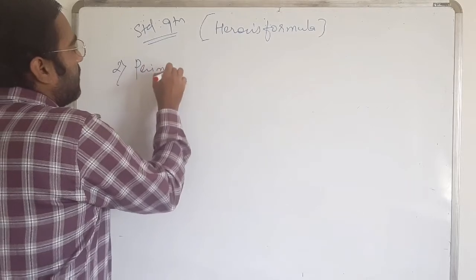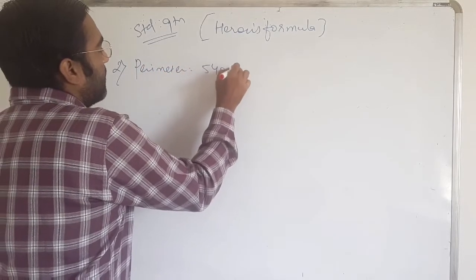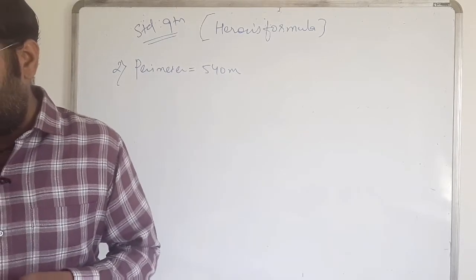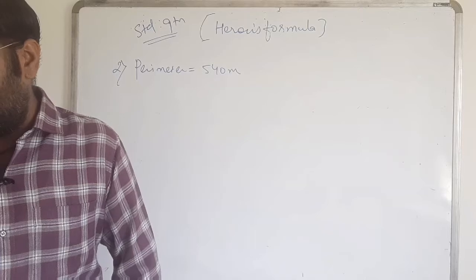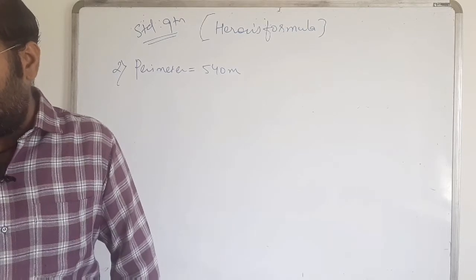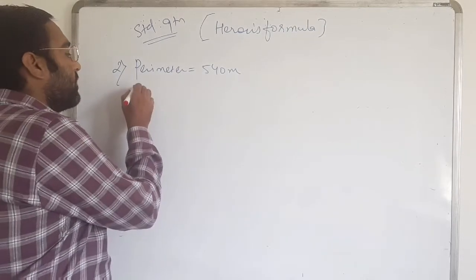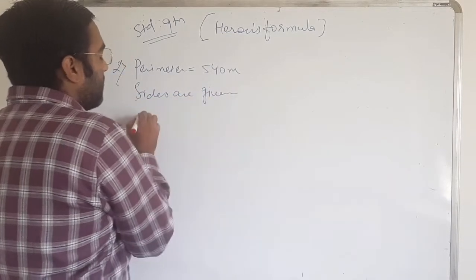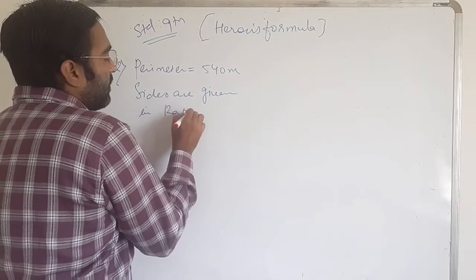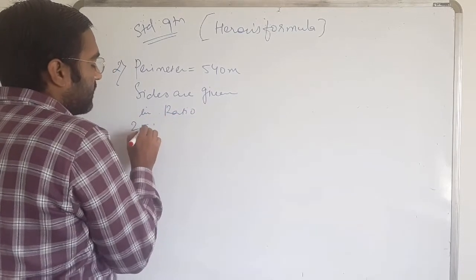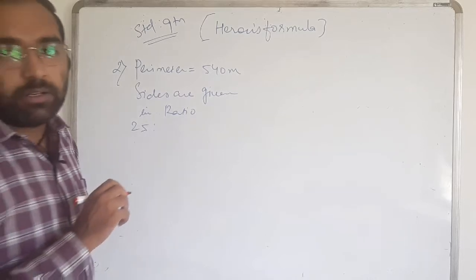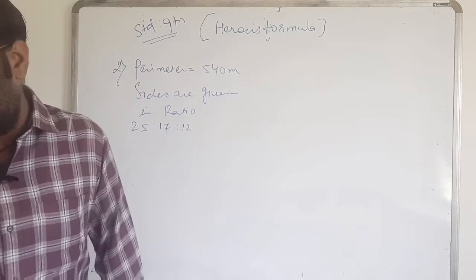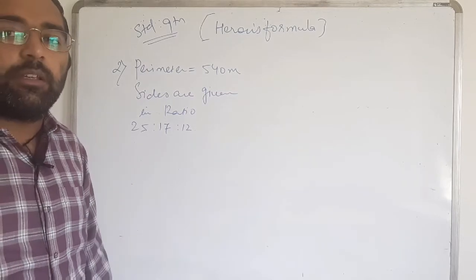Its sides are given in the ratio 25:17:12. Find the area of the triangle.